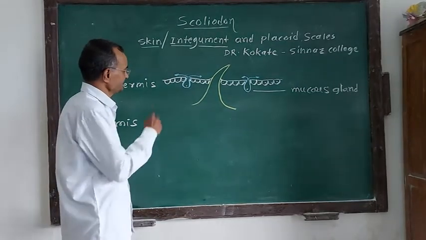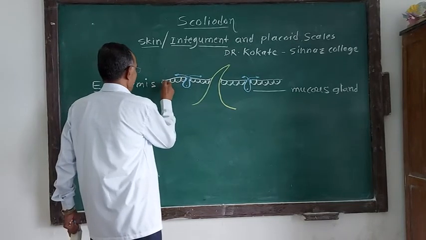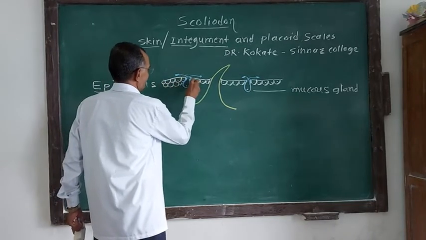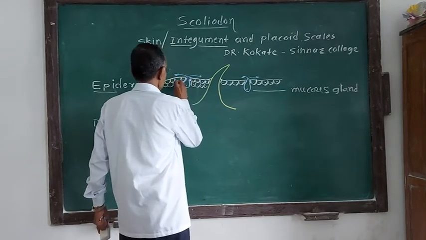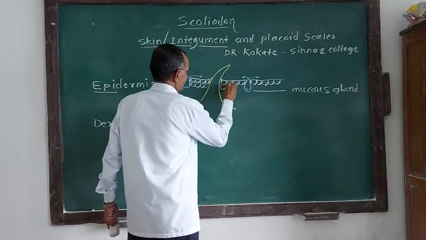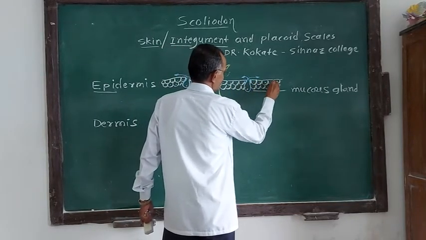Now, after this layer, as I told you, many strata, many layers are present in this manner. So these are the layers of the epidermis, more than two layers present in the epidermis.